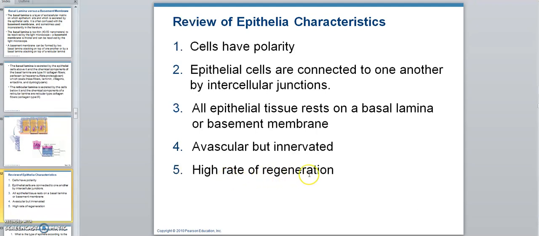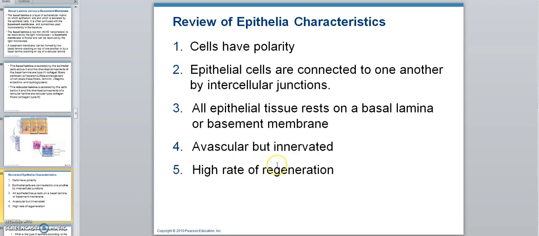So they have a very fast mitosis rate. Remember in chemotherapy, we mentioned that cells that mitose fast would be impeded by chemo. That's why epithelial tissue gets very thin, a side effect sometimes of chemotherapy.